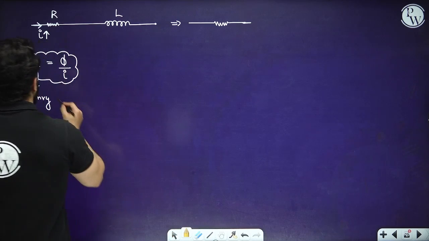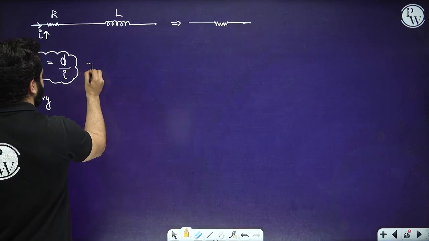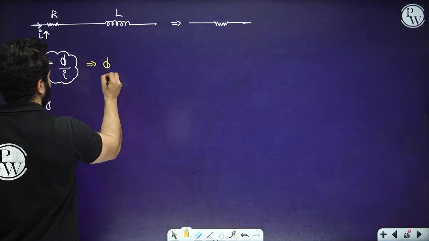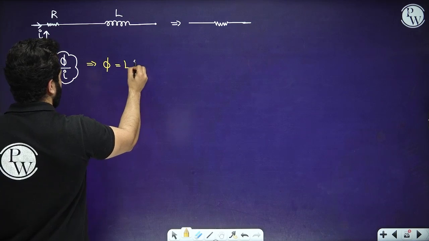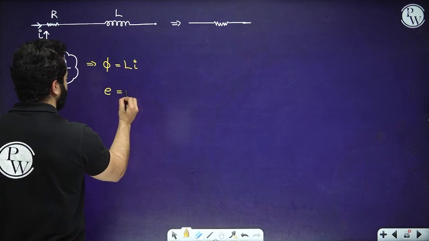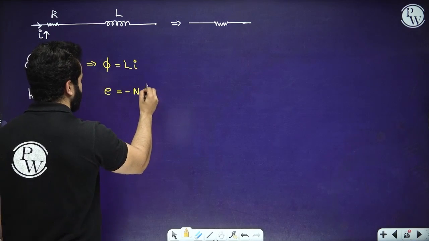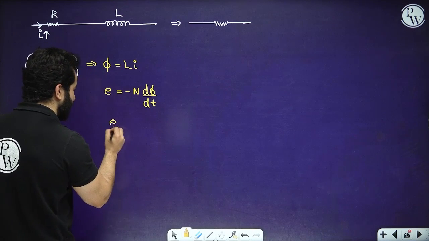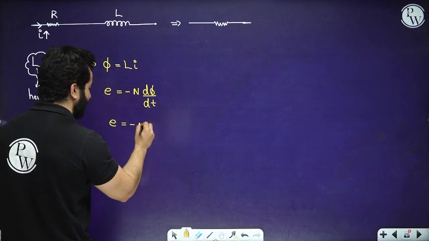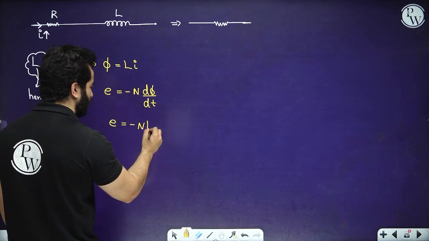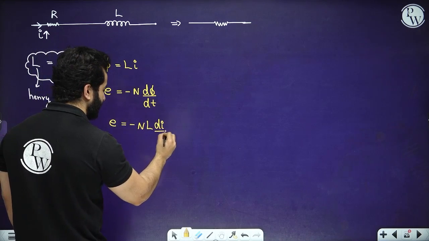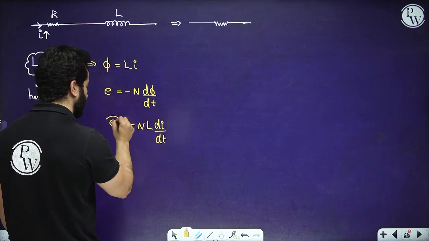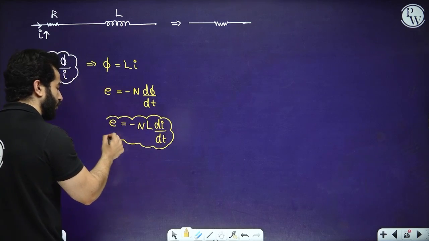See, instead of phi you can rewrite this thing as Li, and you used to write E equals minus N d phi by dt. So E can be written as minus N, instead of phi, L is a constant, so I will write L di by dt. So this is your new formula for induced EMF in terms of coefficient of self-inductance.